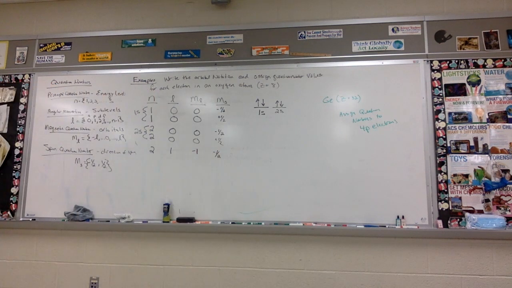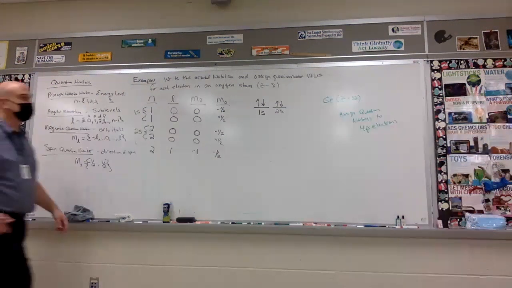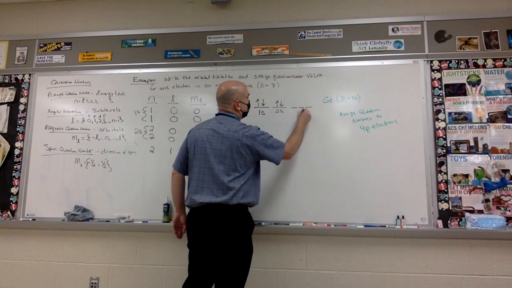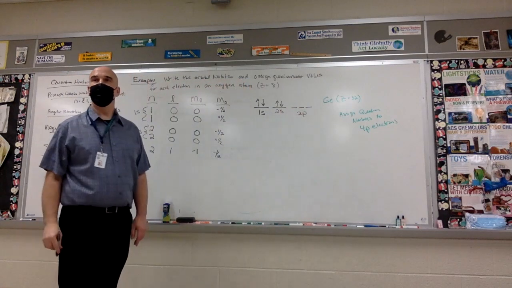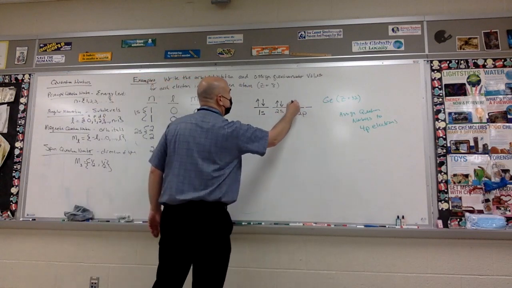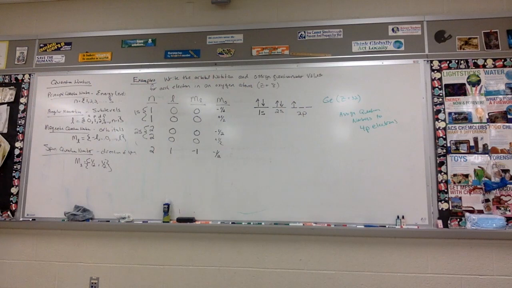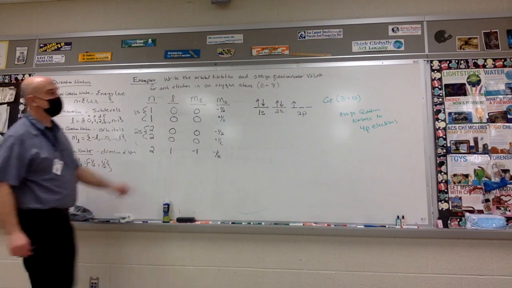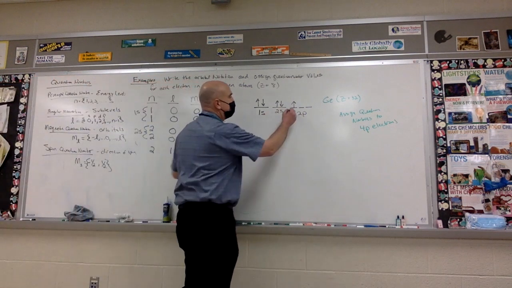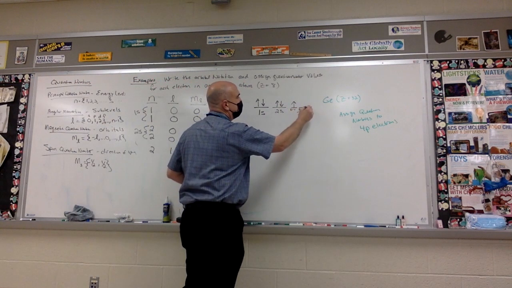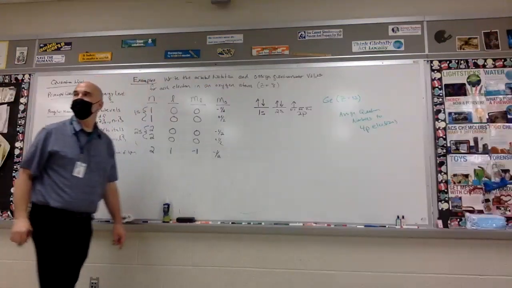Now remember, Hund's rule comes into play here, right? This is my 2p sublevel, and there are 3 orbitals in my 2p sublevel: negative 1, 0, and 1. So each of these lines represents L equals negative 1, this one represents L equals 0, and L equals 1.